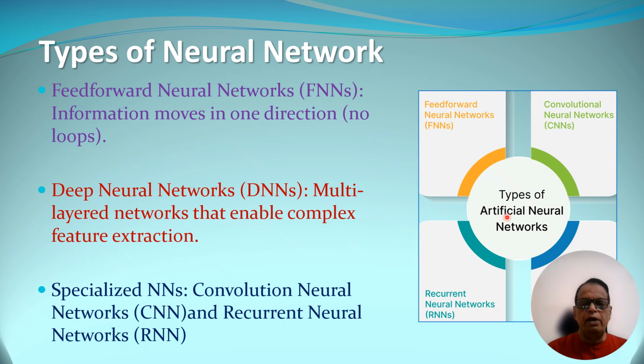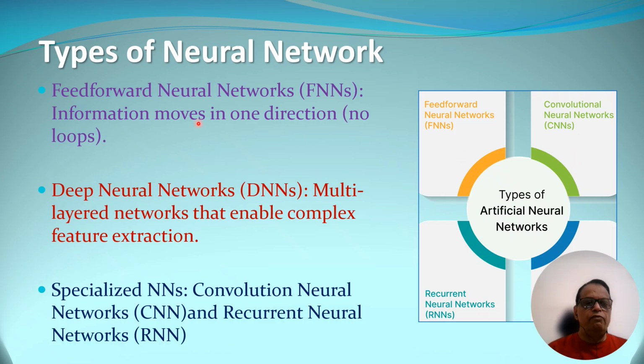There are different types of artificial neural network, such as feed-forward neural network, then recurrent neural network, convolutional neural network, and then the deep neural network.